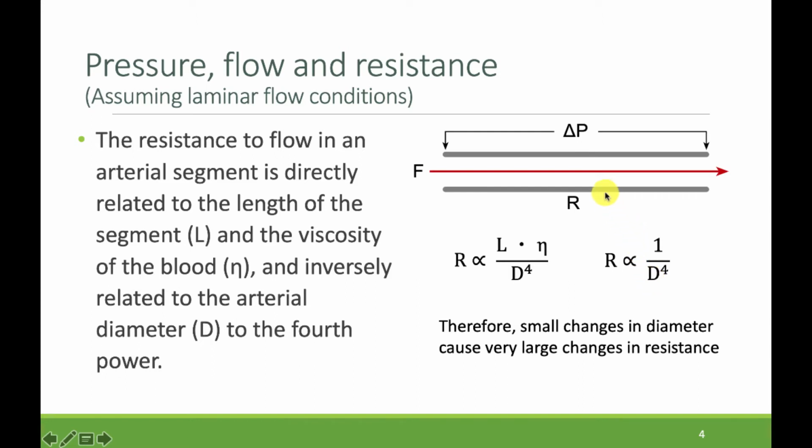This means that if we were to decrease the diameter of this vessel by 50%, so 1/2 the original diameter, because this changes to the fourth power, that means that resistance will increase by 2 to the fourth power. So it's going to be a 16-fold increase in resistance. Therefore, very small changes in diameter cause very large changes in resistance to blood flow.